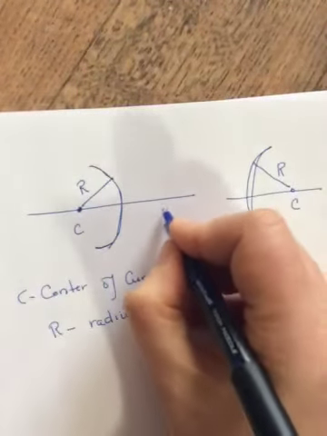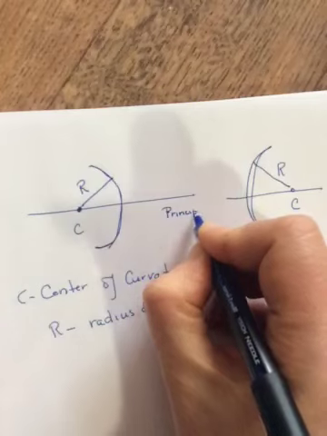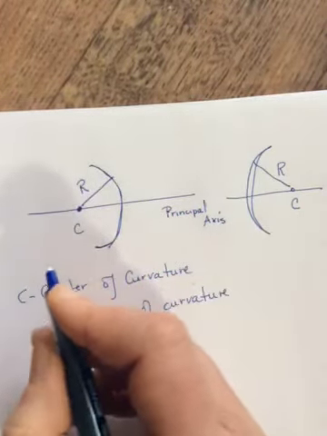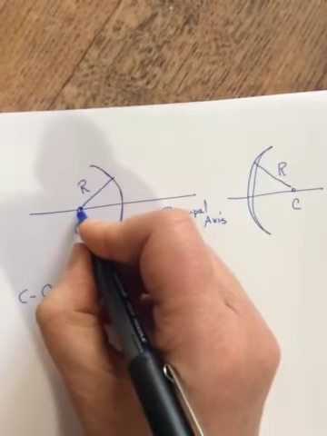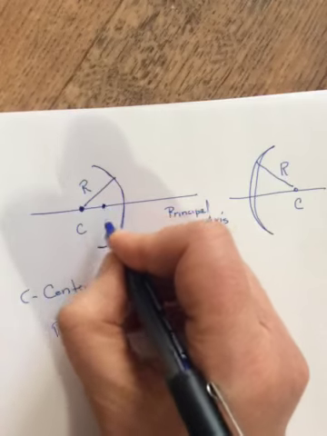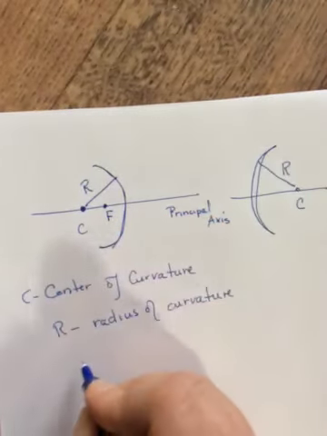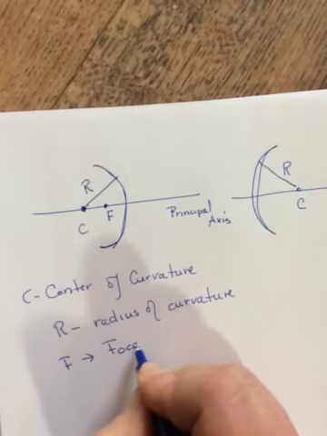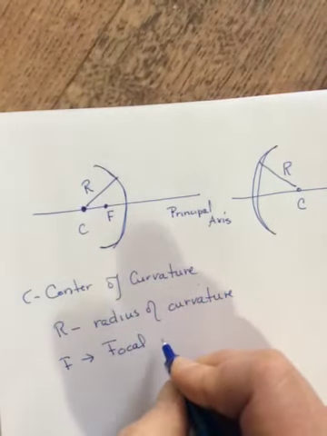Remember, we call this the principal axis. Now there is a point halfway between the center of curvature and the mirror that we call capital F. And capital F is known as the focal point.